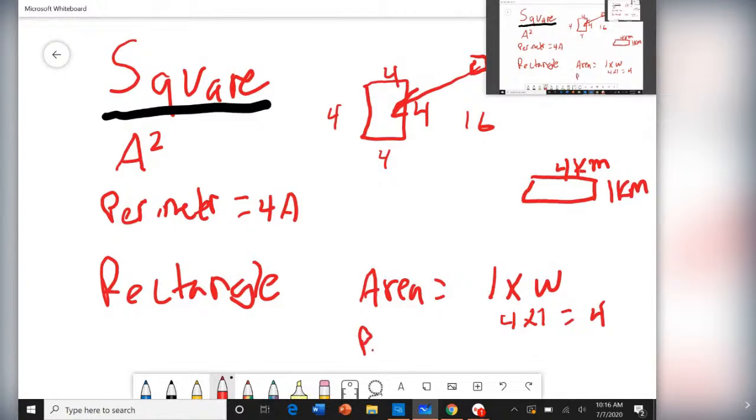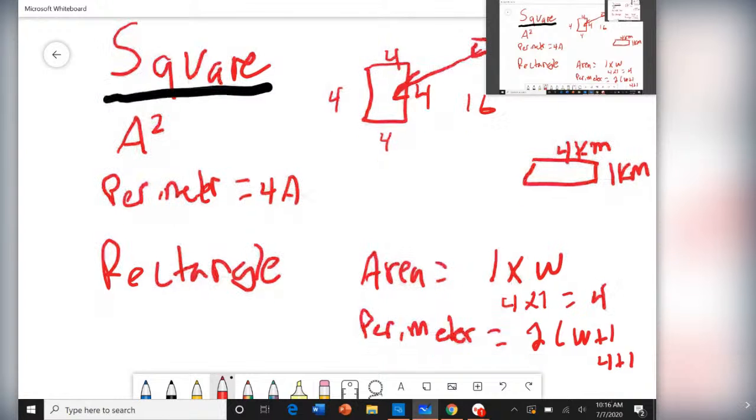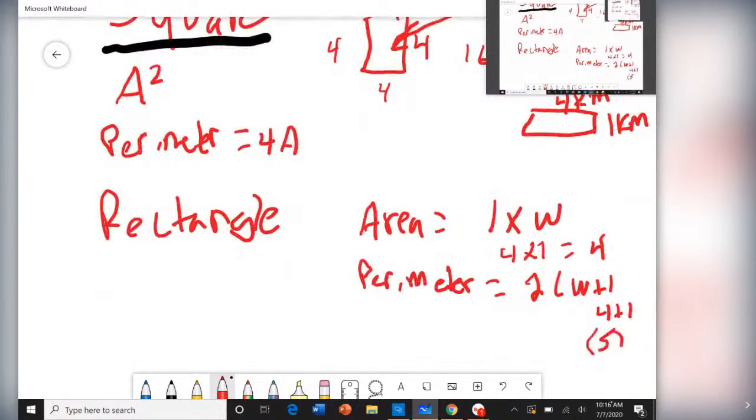And your perimeter is going to be 2 times width plus length. So it's going to be 4 plus 1, which is 5. 2 times 5 is 10. So the perimeter is going to be 10. So the area is 4 and the perimeter is 10.